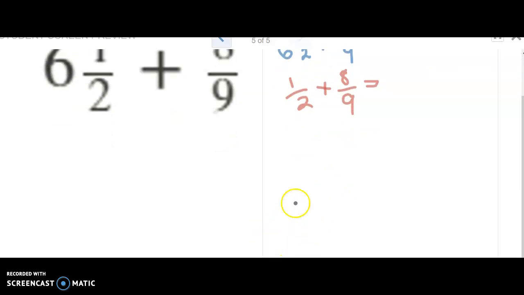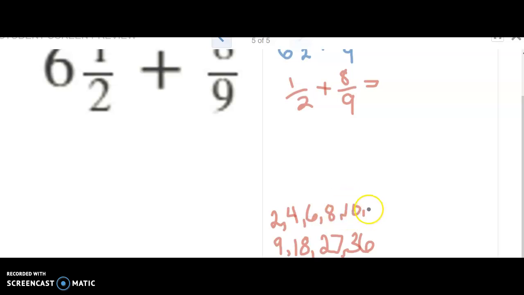So I'm going to list out my multiples of 2 and my multiples of 9 and find if they have any common ones. So 9, 18, 27, 36, I can probably stop there. That's my multiples of 9. Let me list my multiples of 2. All right, so 2, 4, 6, 8, 10.